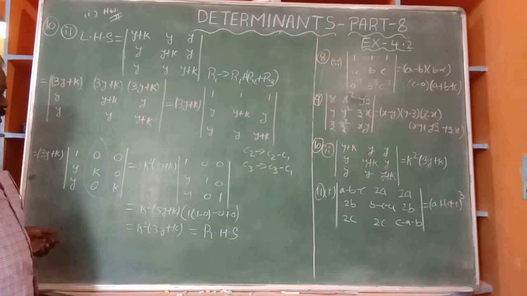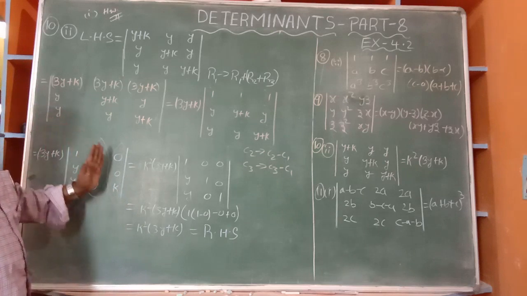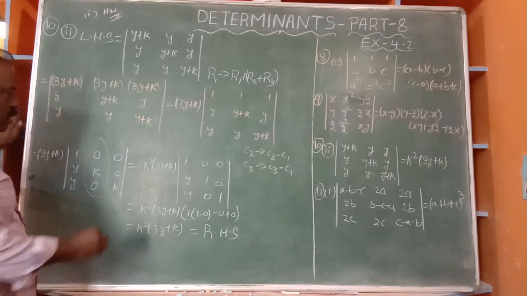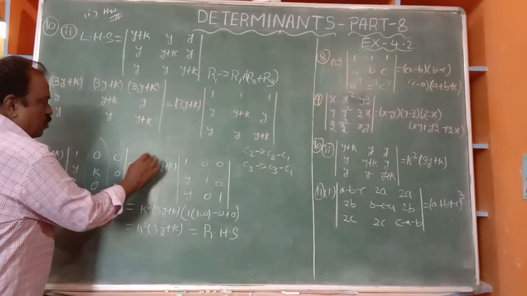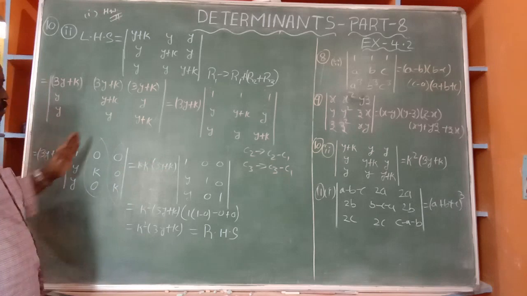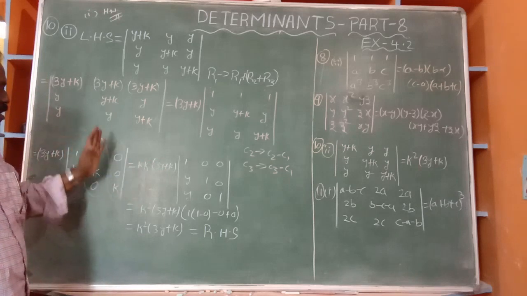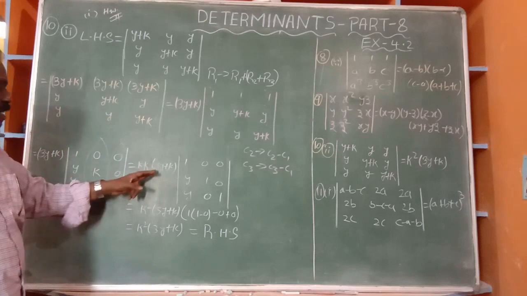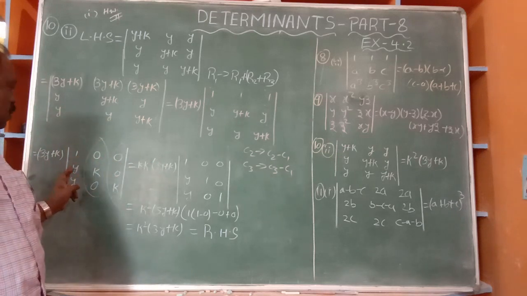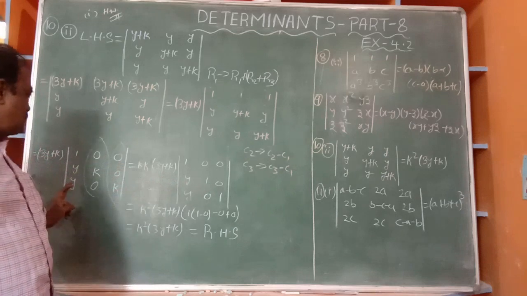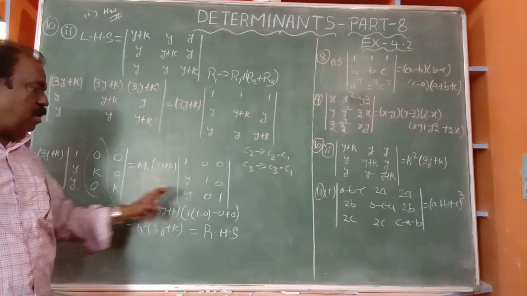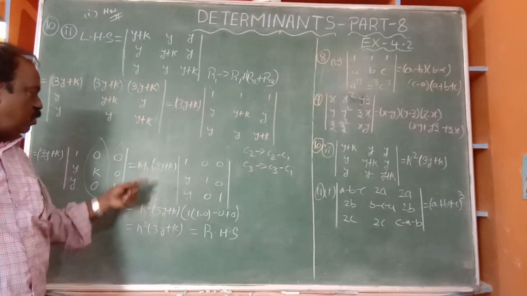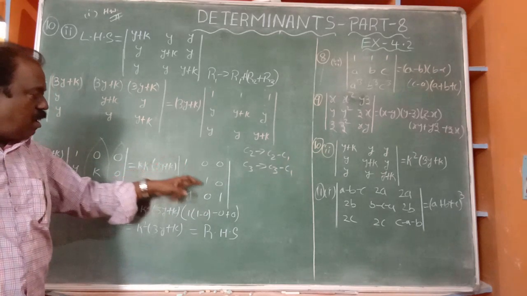So in the second and third columns, take k as common: k into k, one k from the second column, another k from the third column. 3y plus k is already there. 1, 0, 0; y, 1 will come; and here also y, 0, 1 will come. Now this k into k is k squared, 3y plus k, times the determinant.